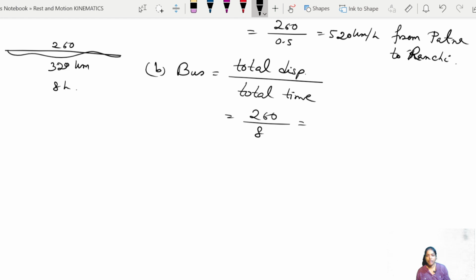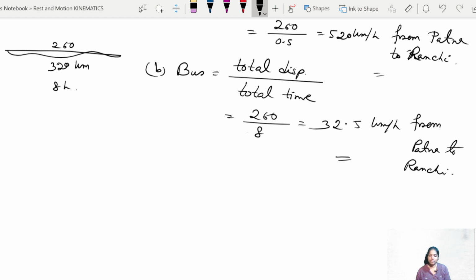So it will be 32.5 kilometer per hour, in the same direction, that means from Patna to Ranchi. These are the answers. Thank you.